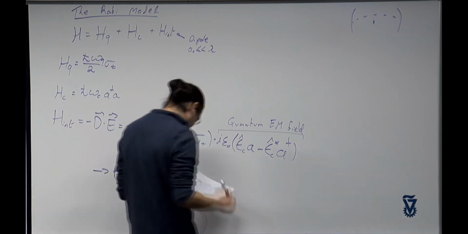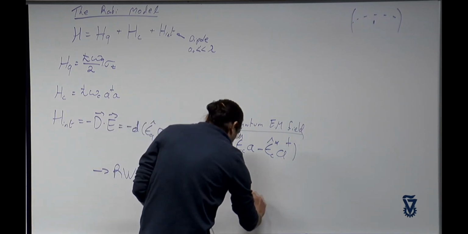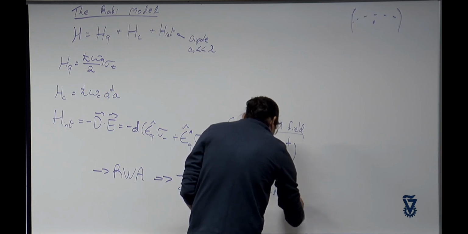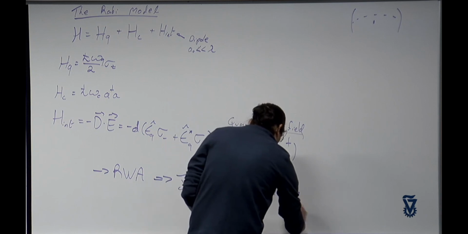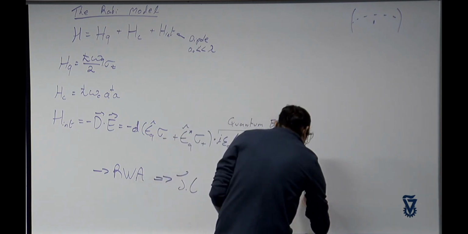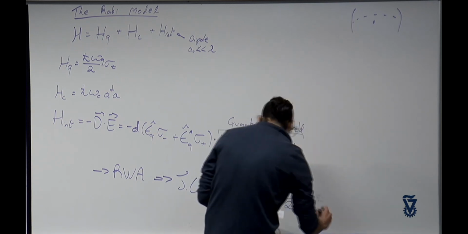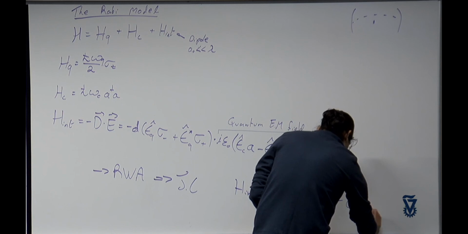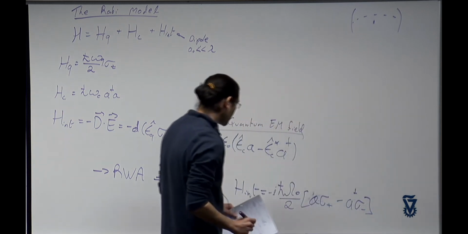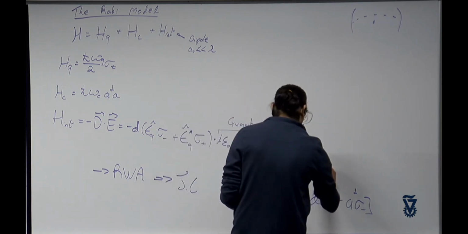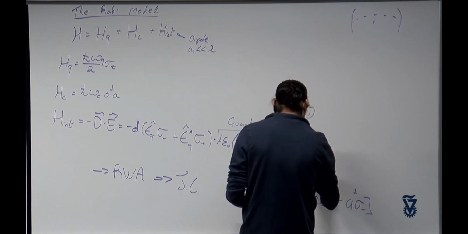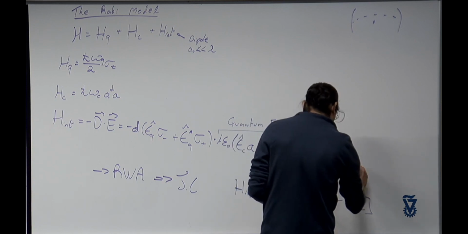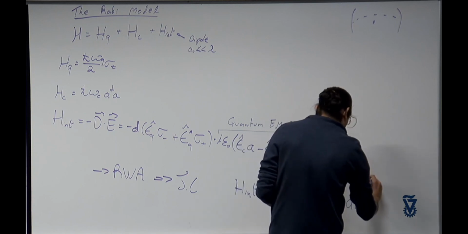If we throw away these two terms, then our interaction term is now minus i h bar omega naught over 2 times (A sigma plus minus A dagger sigma minus), where the Rabi frequency, just so I don't leave you hanging, is omega naught equals 2 over h bar d epsilon naught epsilon q star dot epsilon c.